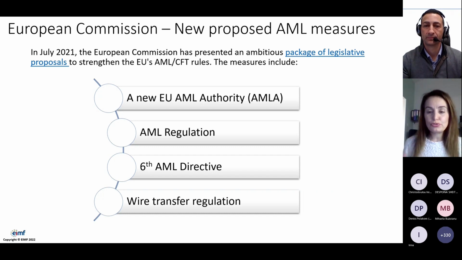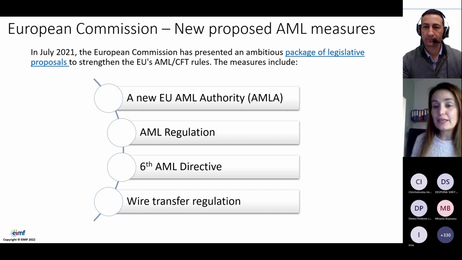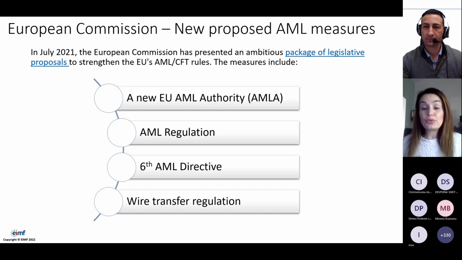This is a body that will directly supervise some of the riskiest financial institutions within the European Union, plus will coordinate and supervise the supervisors of the member states. So they will create a more harmonized approach to AML. And something else that it will perform is to coordinate financial intelligence units.